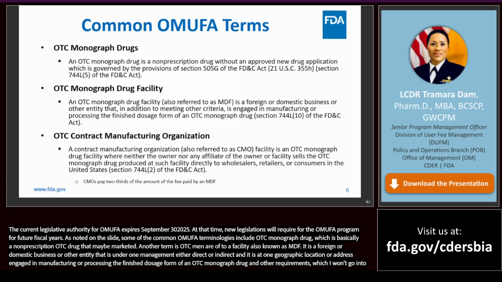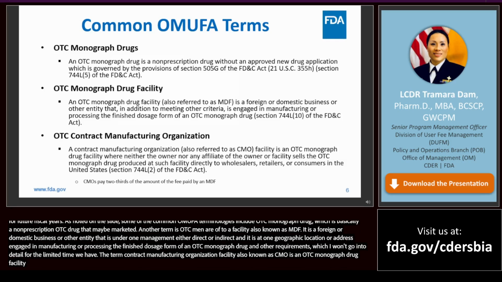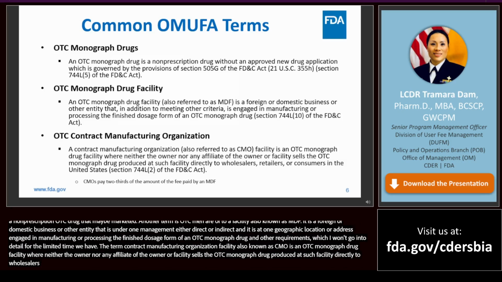The term Contract Manufacturing Organization Facility, also known as CMO, is an OTC monograph drug facility where neither the owner nor any affiliate of the owner or facility sells the OTC monograph drug produced at such facility directly to wholesalers, retailers, or consumers in the United States.